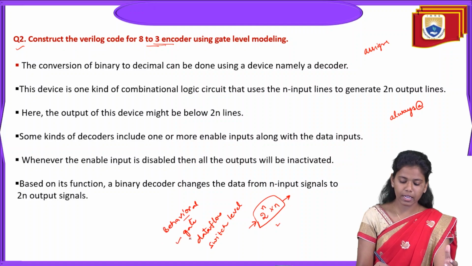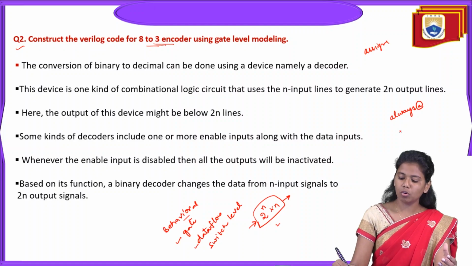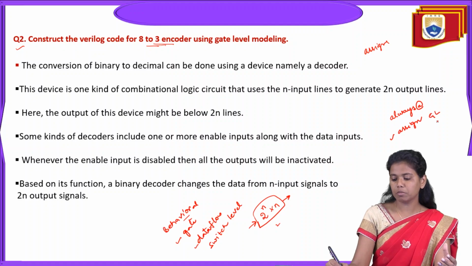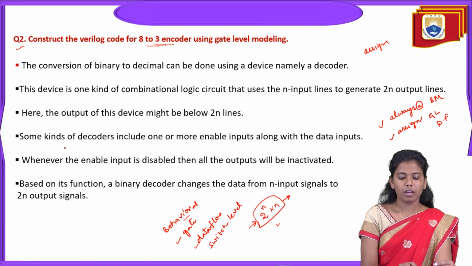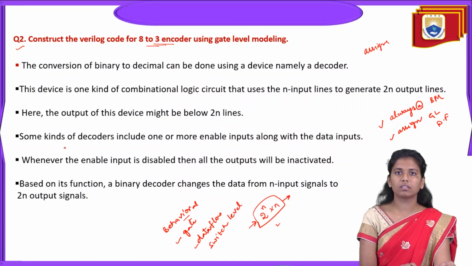And when it comes to gate level and data flow modeling, remember that when you're constructing your Verilog code, assign is the basic keyword pertaining to gate level modeling as well as data flow modeling, right? And always at the rate is pertaining to behavioral modeling. Okay, now we will see how we can construct this 8x3 encoder using gate level modeling.